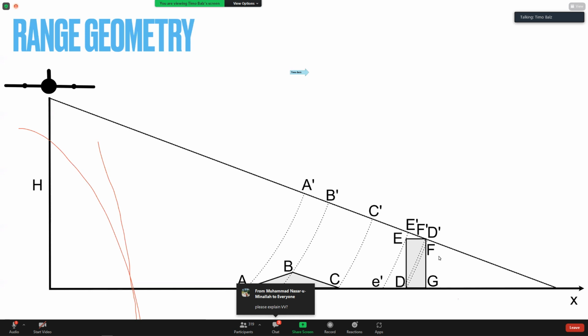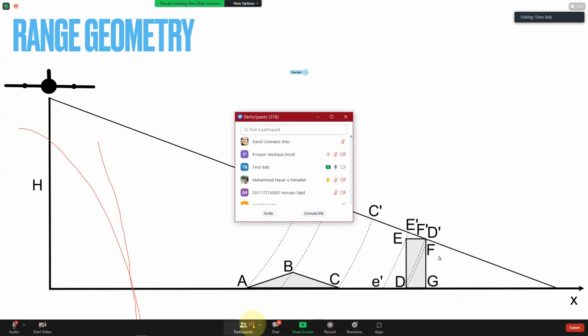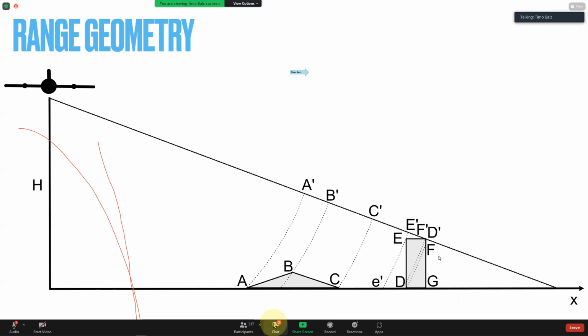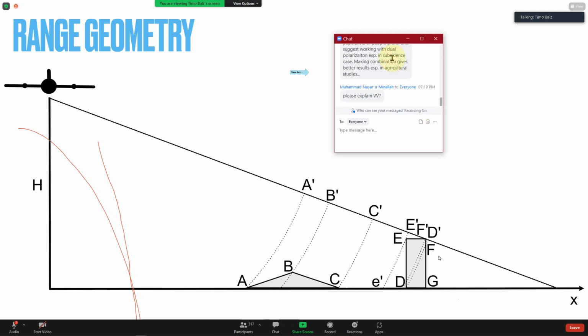Also for me, for example, I just learned something. I mentioned that you have a side-looking system, but I maybe did not explain it clearly enough. So if I get the questions, I have to think by myself, okay, maybe I need to explain that a little bit more clearly so that people understand it better. It also helps me to see where you don't understand so well, where I maybe need to explain more.